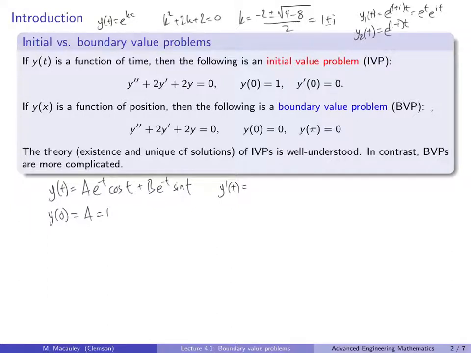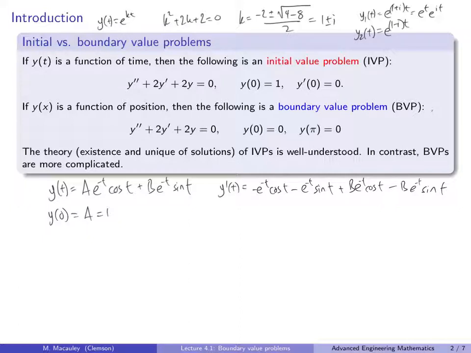I can let a be equal to 1, so I get negative e to the negative t times cosine of t minus e to the negative t sine of t. That's the product rule. And then plus b e to the negative t cosine of t minus b e to the minus t sine of t.